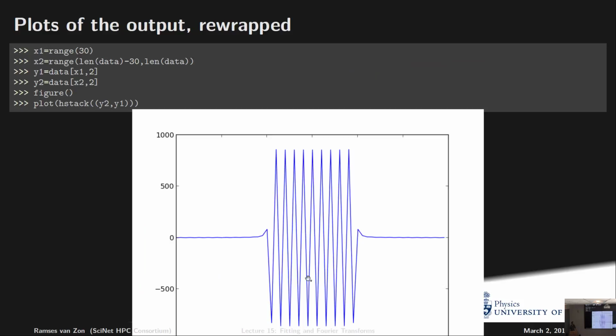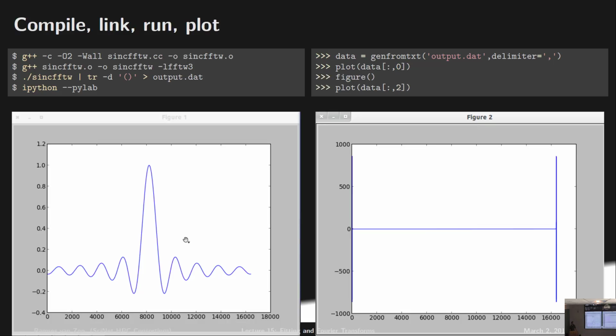But the second point is that even if I've done this, I get this weird oscillation. And this oscillation is actually due to the fact that this function is not symmetric around 0. Our real function would become a rectangle if it's around 0, but this is shifted, and it's shifted by half the size of the interval. Guess what the phase factor is associated with shifting over half an interval? It's -1. So every other point gets multiplied by -1.